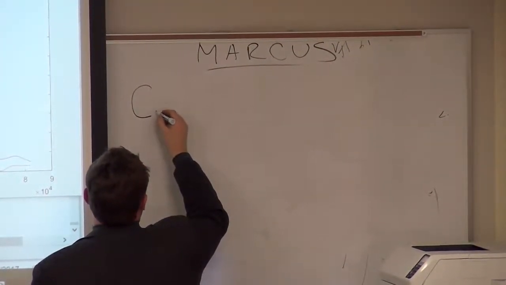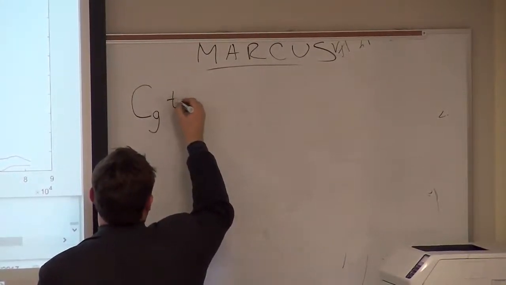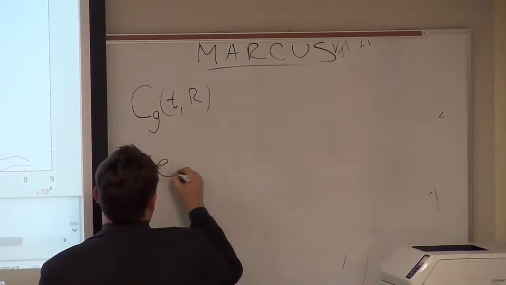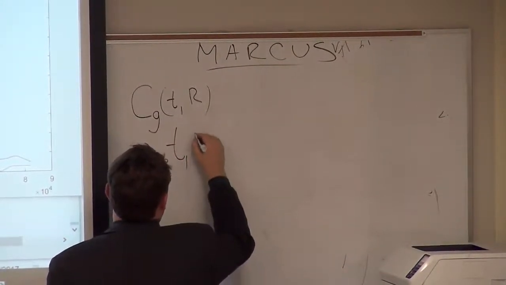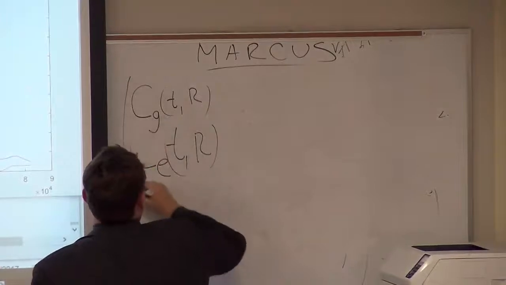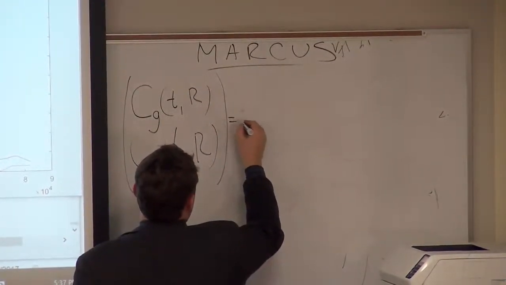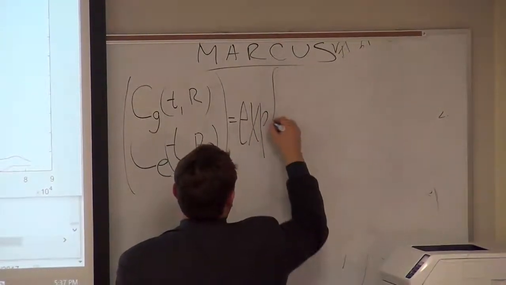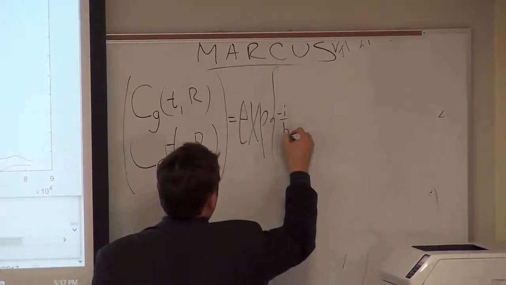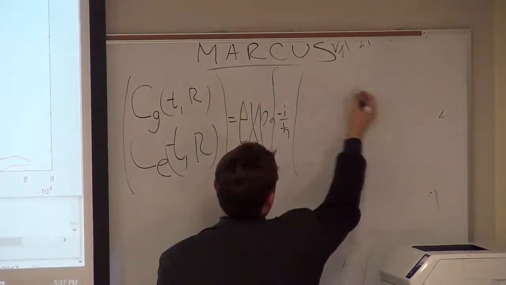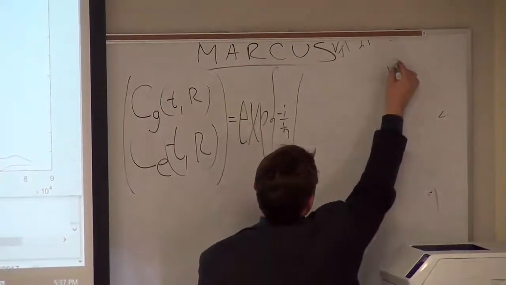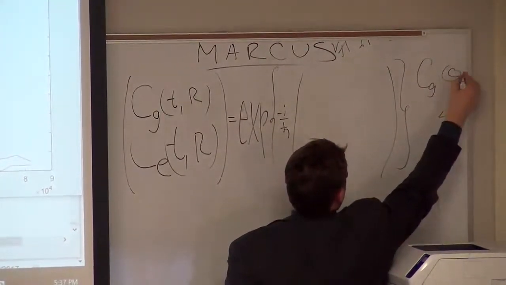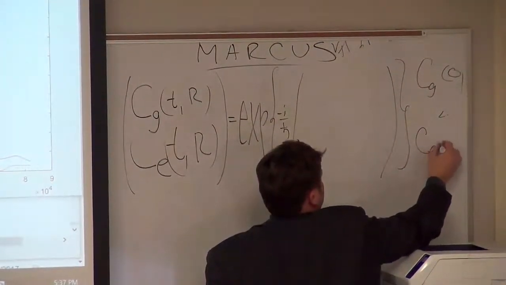C ground of T, exponential minus i over h bar of a matrix, times the matrix C ground of 0, C excited of 0.